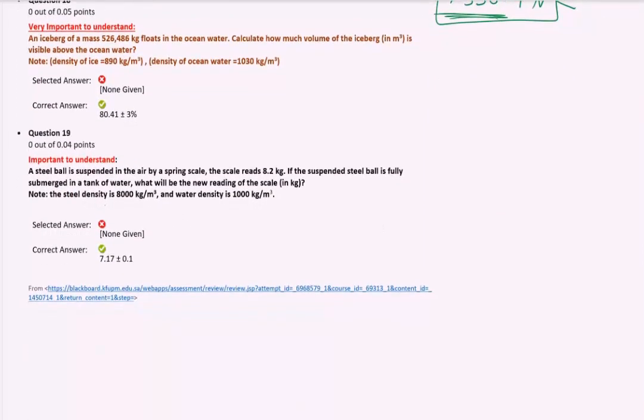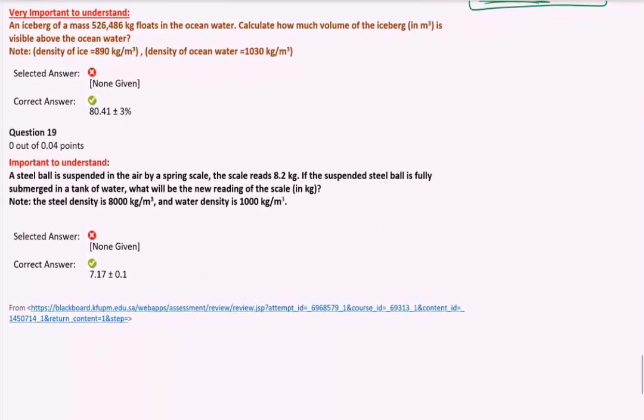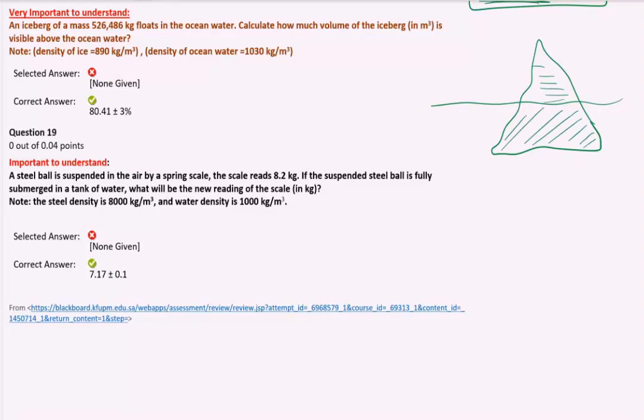Let's move to something else. An iceberg. Usually part of the iceberg is above the water, but most of the iceberg is under the water. Okay? And that's a problem for the icebergs actually, that only a very small part of the iceberg is seen above the water, while most of the iceberg is under the water.